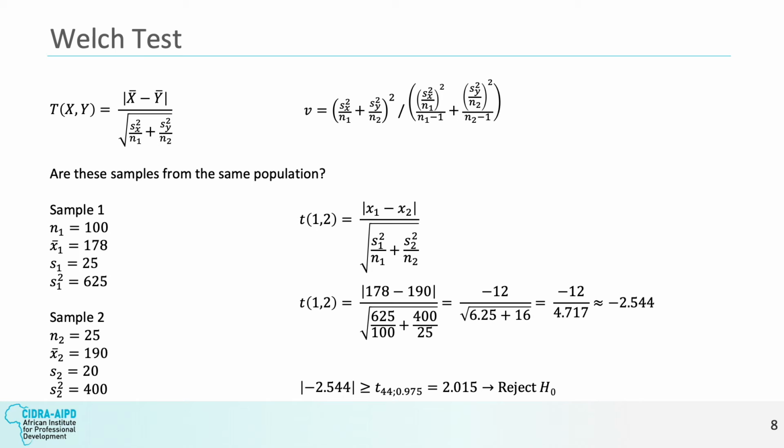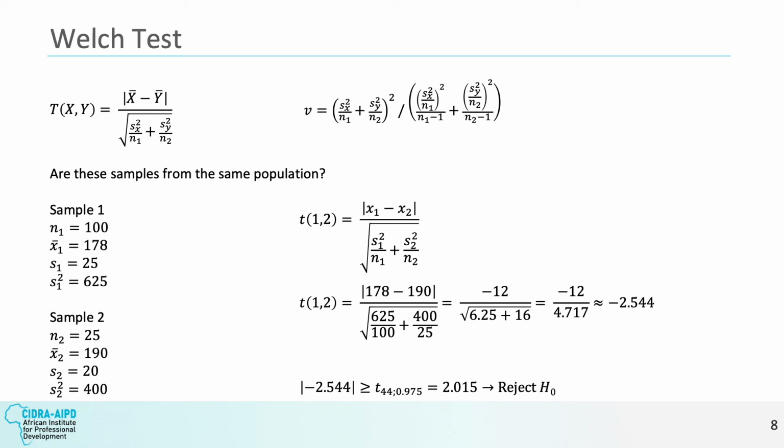The formula for calculating the test statistic of a Welch test may look complicated, but it's really just the means of each sample divided by the variance of each sample divided by their respective sample sizes. So let's compare the two samples we tested for the one sample problem examples. Are they both from the same population?